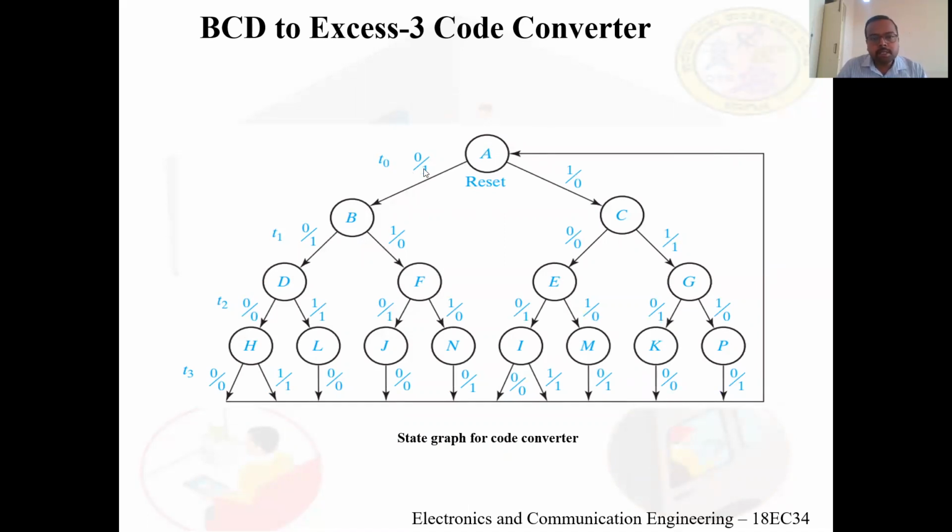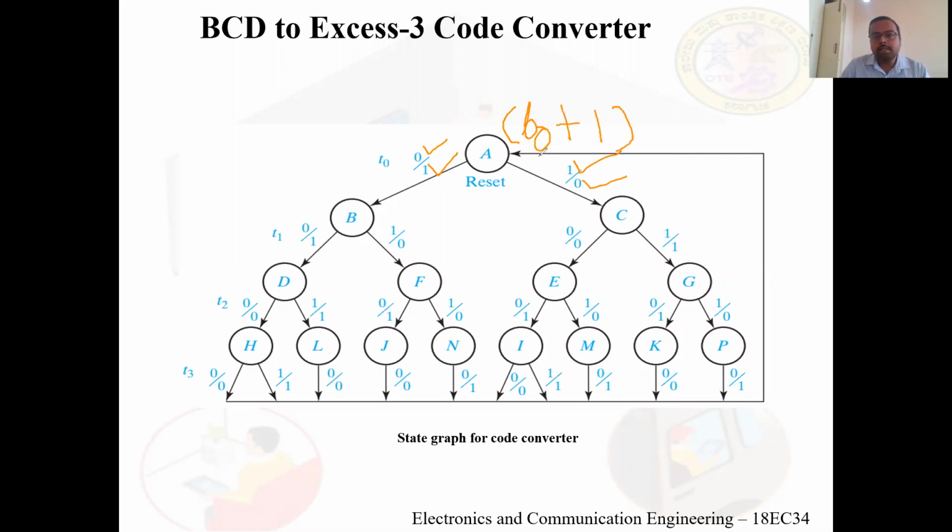Now at this time, if the input is 0, when the state is A and the input is 0 here, right? The output will be 1. When the input is 1, the output will be 0. Because here, this is V0 plus 1.